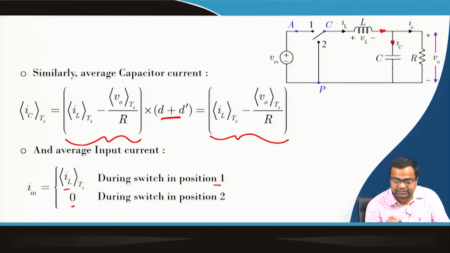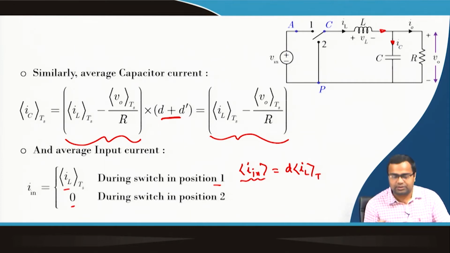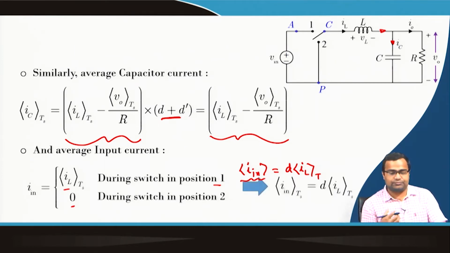So the average input current should be equal to D times the average inductor current. That is because the input current is equal to the inductor current when the switch is on and equal to 0 when the switch is off. So the average quantity is written by this.